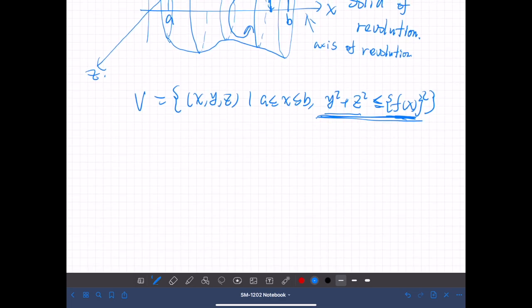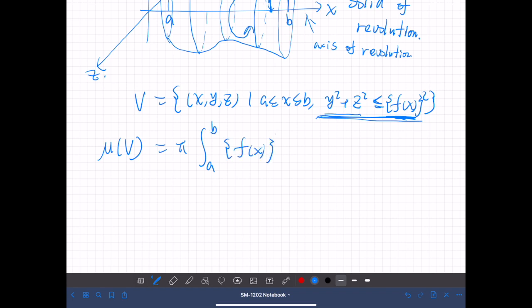Now let us show that the volume of this solid of revolution is given by the following equation: the integral from a to b of pi times f of x squared dx.